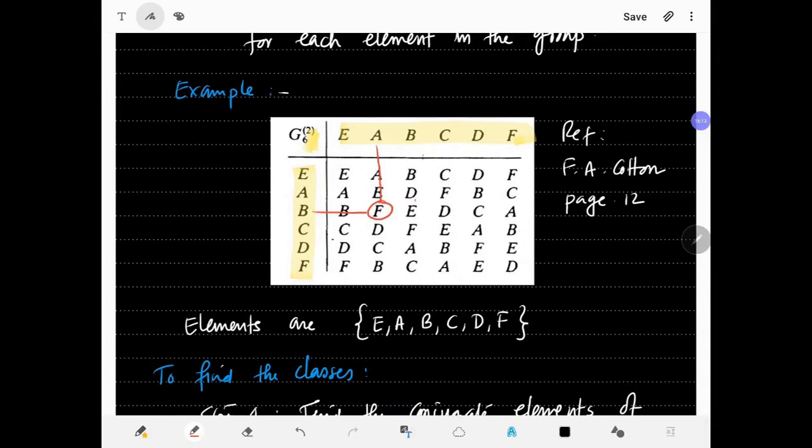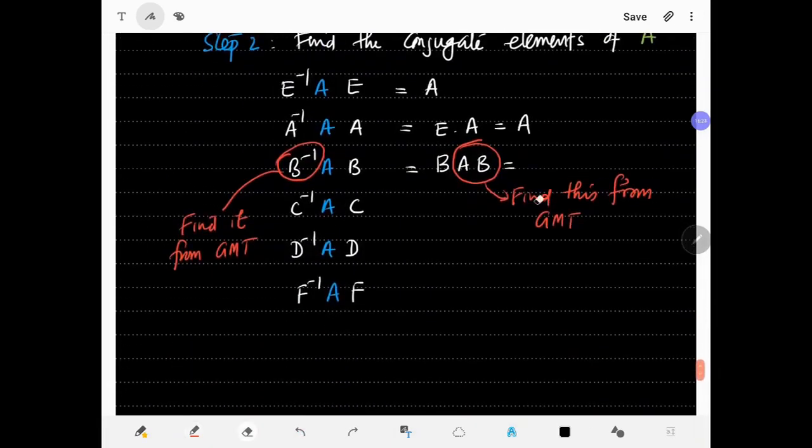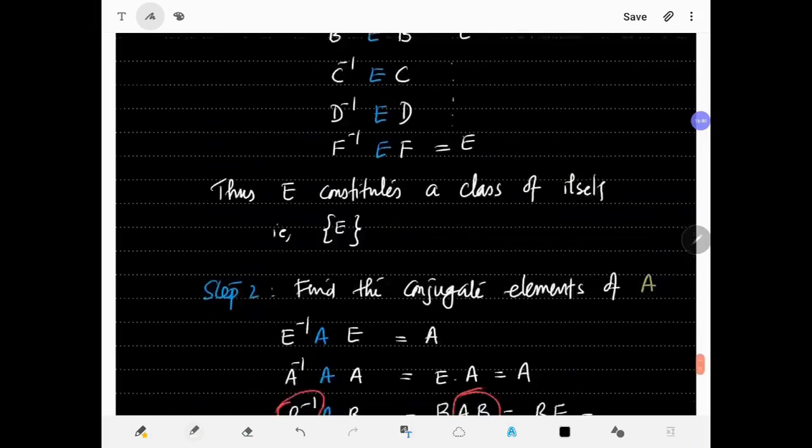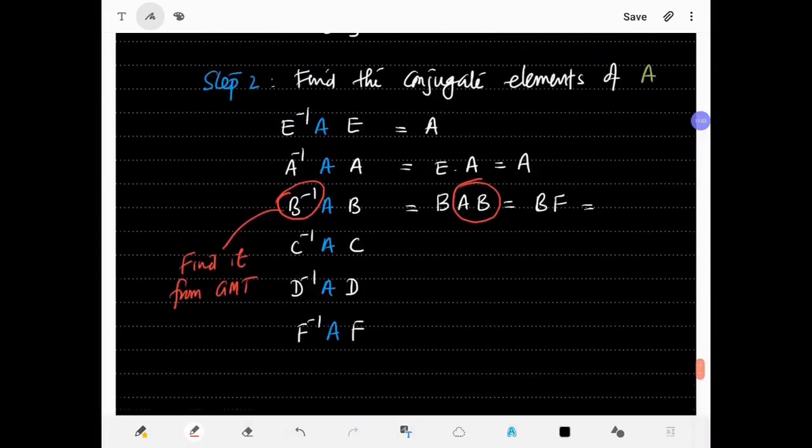So the column element A and row element B intersect at the element F. So the answer is F. So this becomes B into F. Again go back to the group multiplication table and find the intersecting element between B and F. B should be the column element, F should be the row element. So the answer is C.